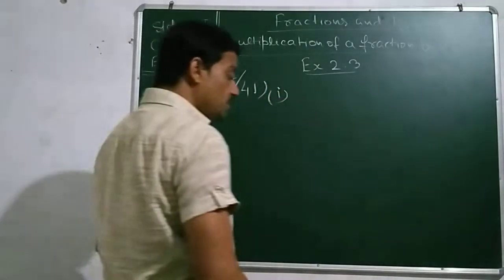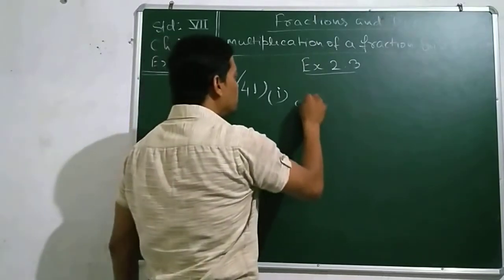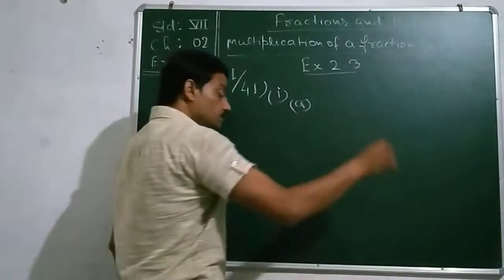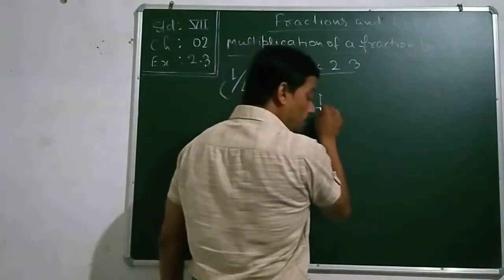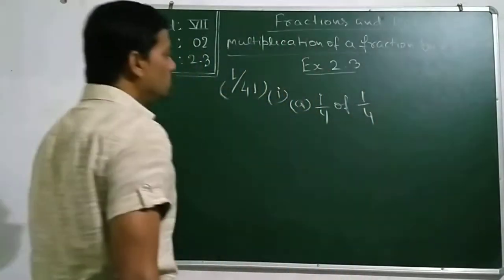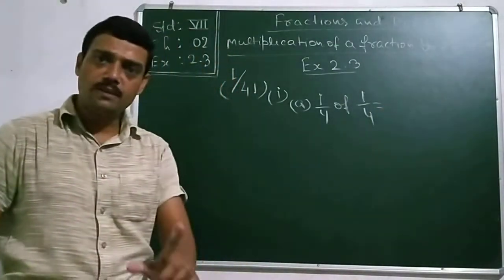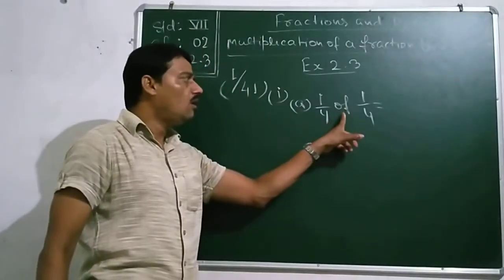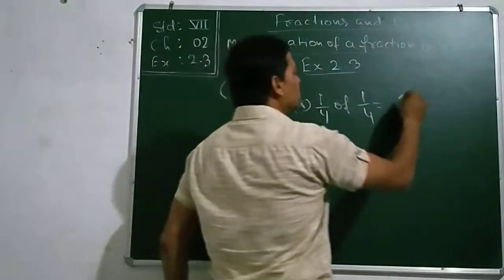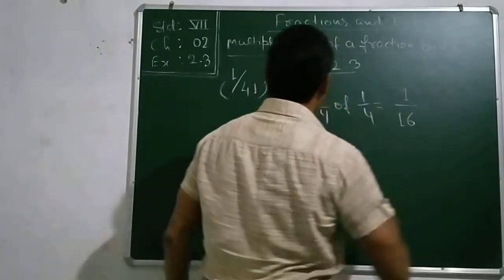The first one is again divided into two parts. In the first, a number will have to be written like 1 by 4 of 1 by 4. You can simply calculate it, as I explained in the previous class, that 'of' is very similar to the multiplication operation, so this will result in 1 by 16.